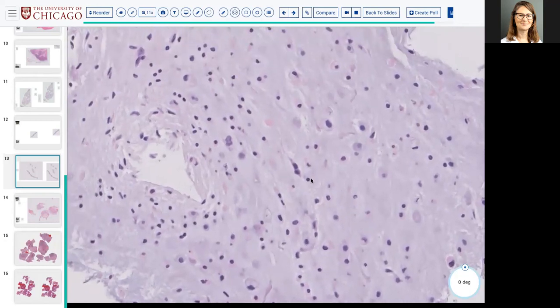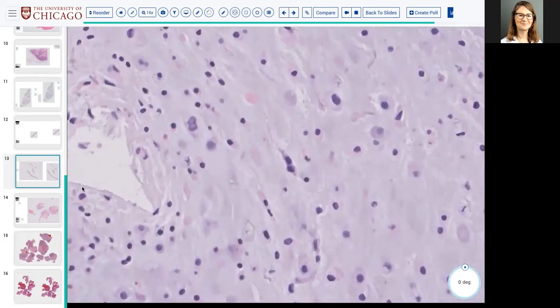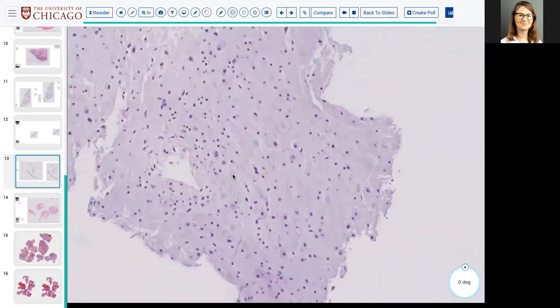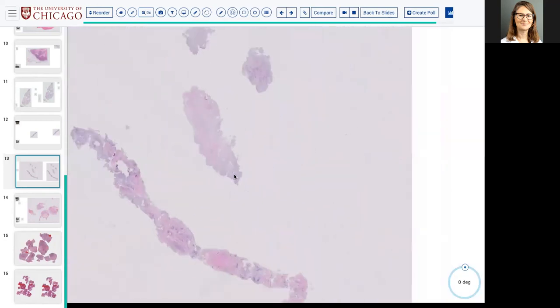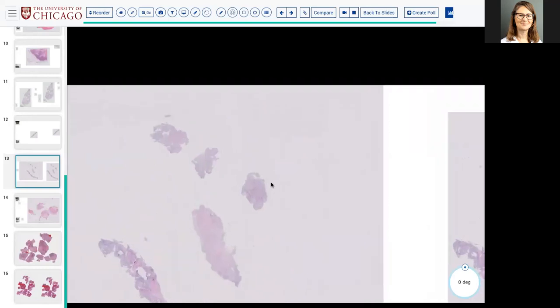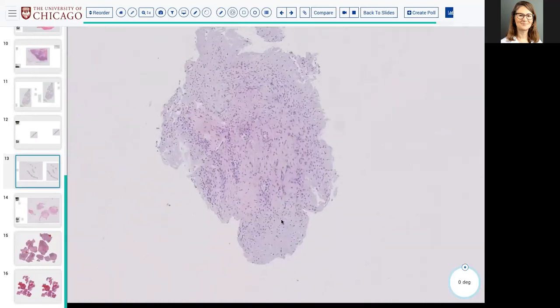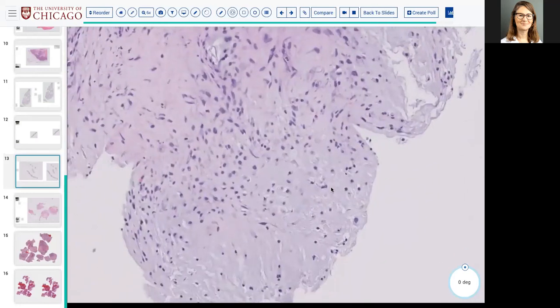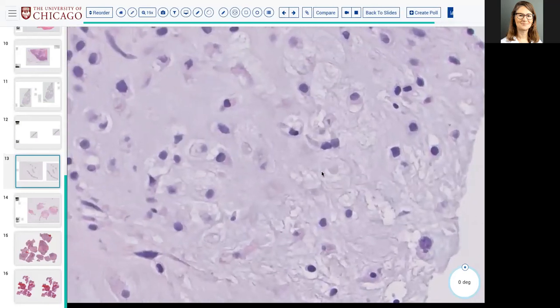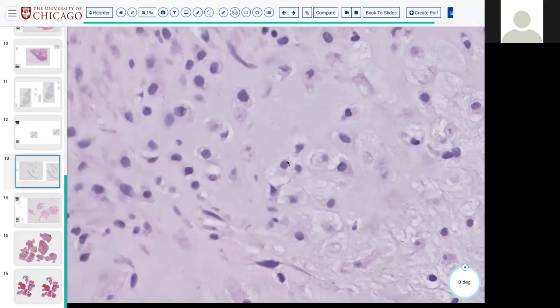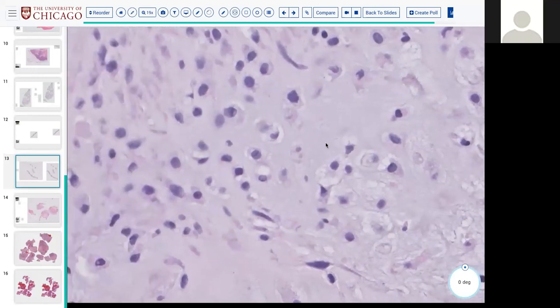Also pretty bland, also pretty isolated cells. So what else do you want to think about that we can add to our differential here? It looks so chondroid. Yes.